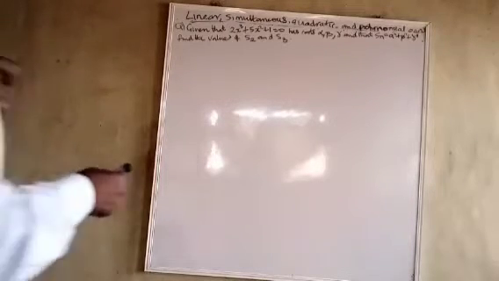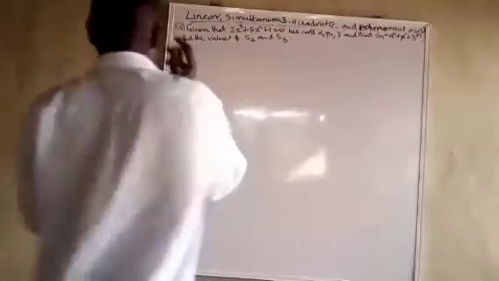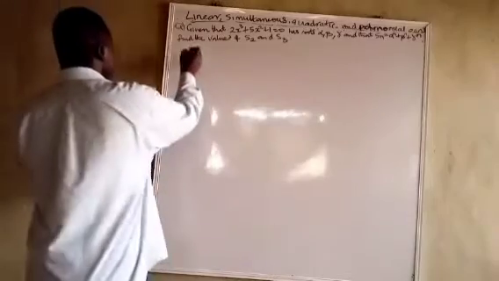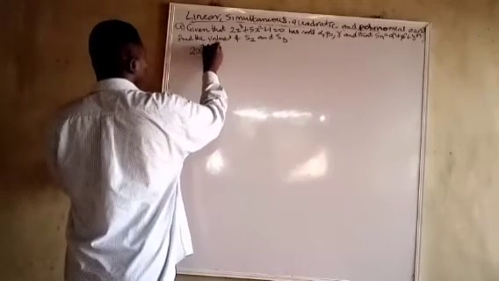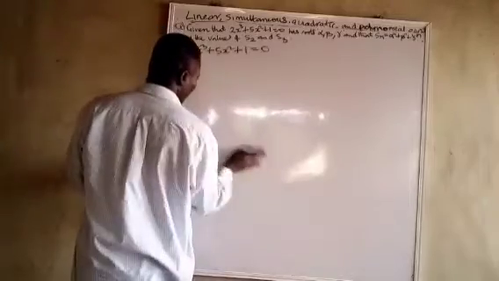Given that 2x cubed plus 5x squared plus 1 equals 0 has roots alpha, beta, gamma, and that Sn equals alpha raised to power n plus beta raised to power n plus gamma raised to power n, find the values of s2 and s3. The cubic equation is 2x cubed plus 5x squared plus 1 equals 0.